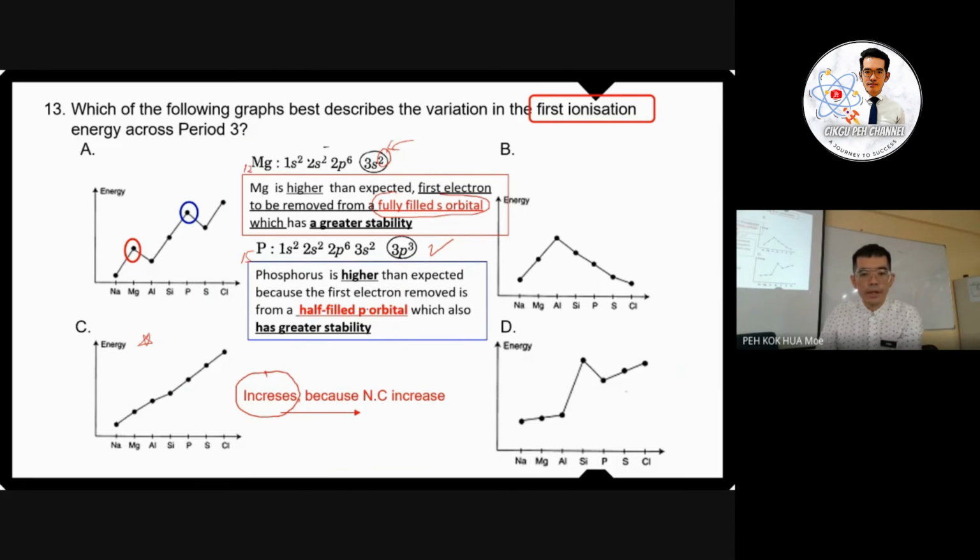This is because the first electron needs to be removed from a half-filled p orbital, which is more stable. So the conclusion: when removing an electron from a fully filled or half-filled orbital, it is more stable and more energy is required to remove the electron from these two types of orbital. So here we are very clear, the answer will be A.